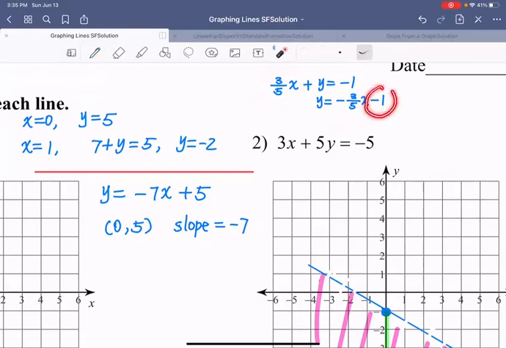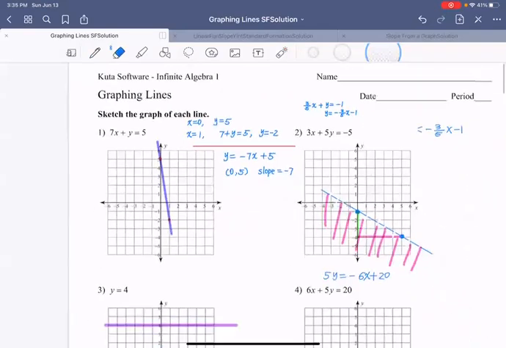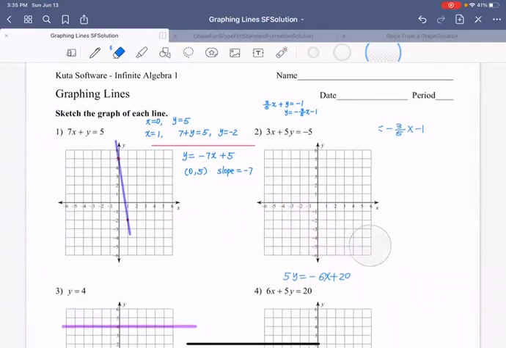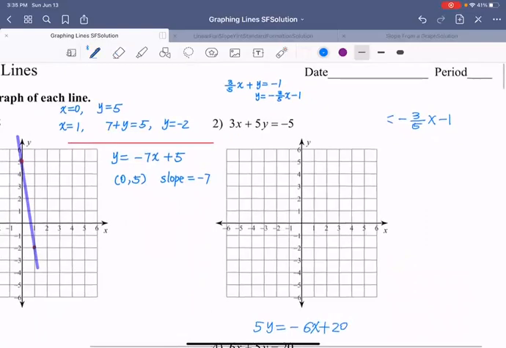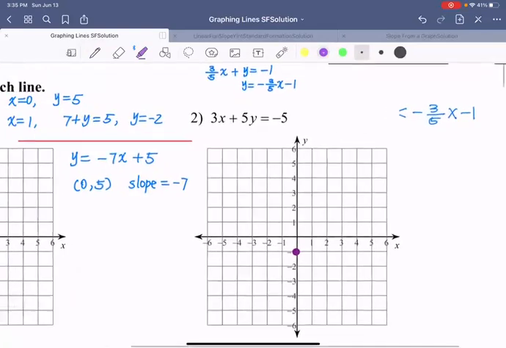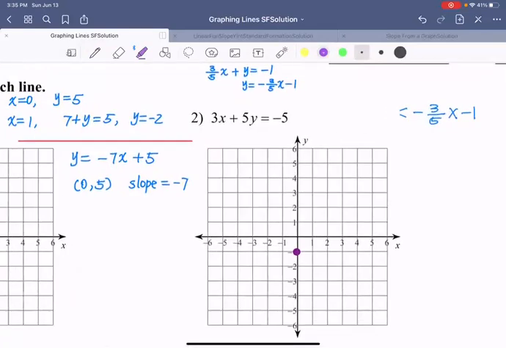So what is the y-intercept? (0, -1). (0, -1). Right here. And then how do we do the slope? You would do the rise, which is -3, and then the run is 5. And then you would connect the points.